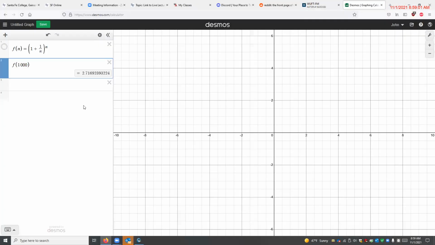These numbers are getting closer and closer to something. If I plug in some astronomical number, I'm getting rounding errors now, aren't I? Yeah. If I plug in a big number that is just about as big as Desmos can handle, you get 2.718282.